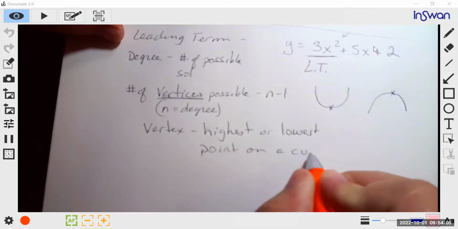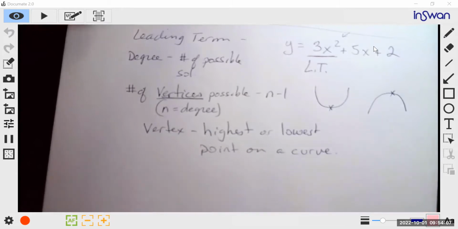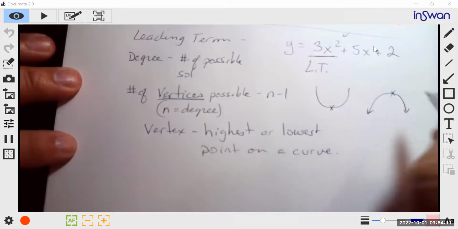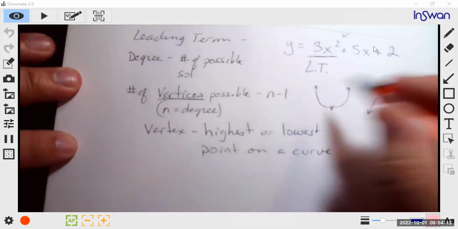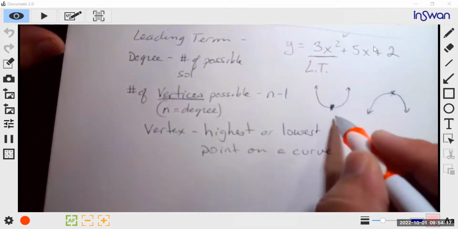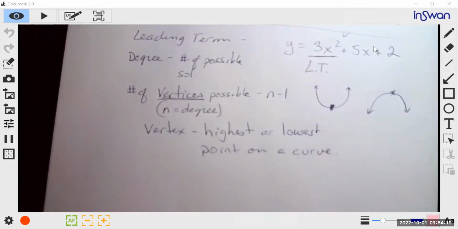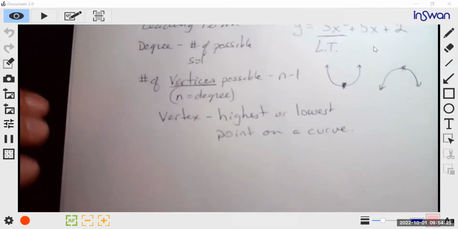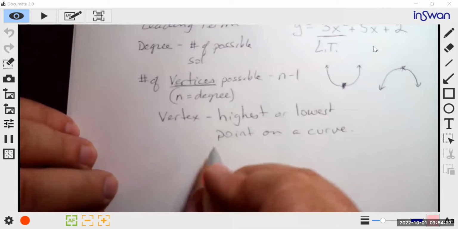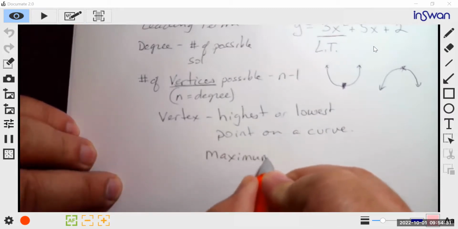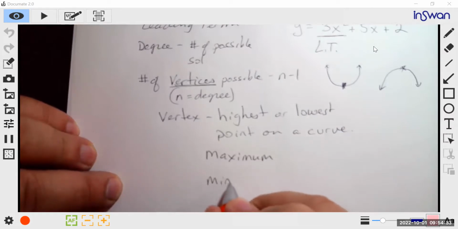On a curve. You can't say endpoint because the graph goes on infinitely. So the vertex, the vertices are the lowest or the highest. So notice lowest and highest points. We either have a maximum or a minimum.